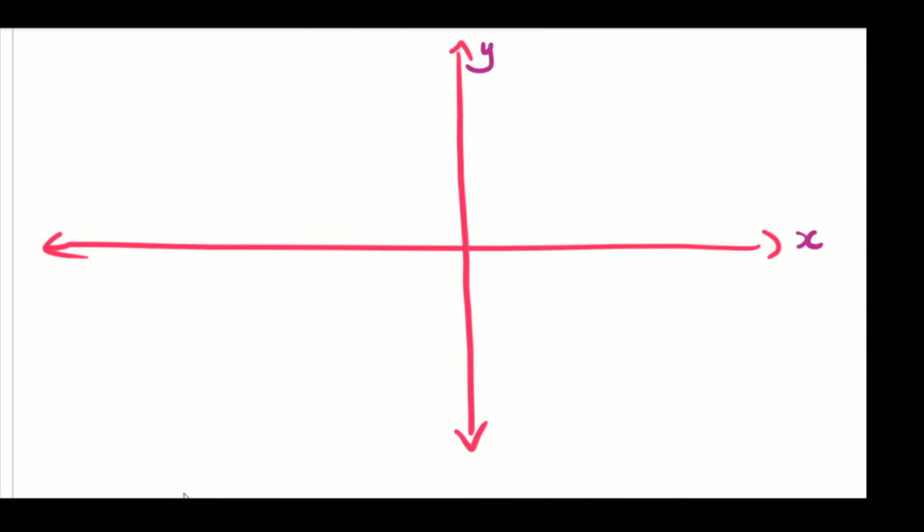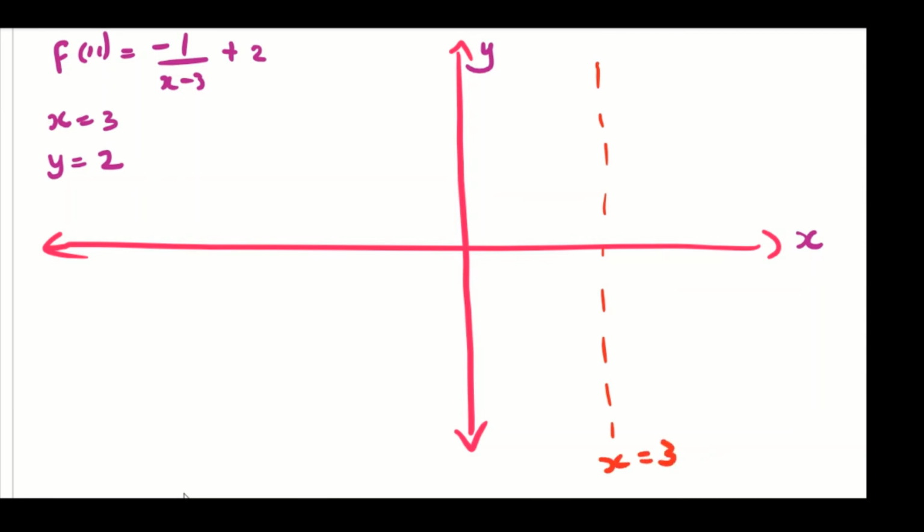Our equation f(x) = -1/(x-3) + 2, right? So our vertical asymptote is x = 3, our horizontal asymptote is y = 2, so we're going to represent them. So this is x = 3, and this here is y = 2.